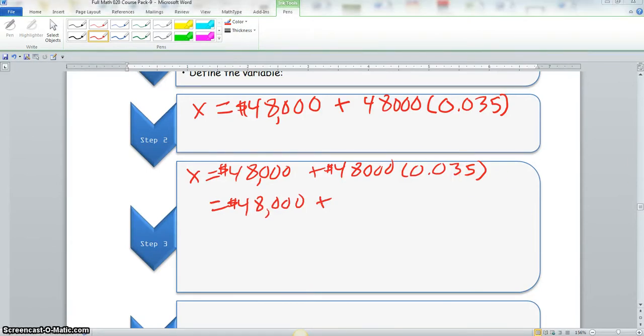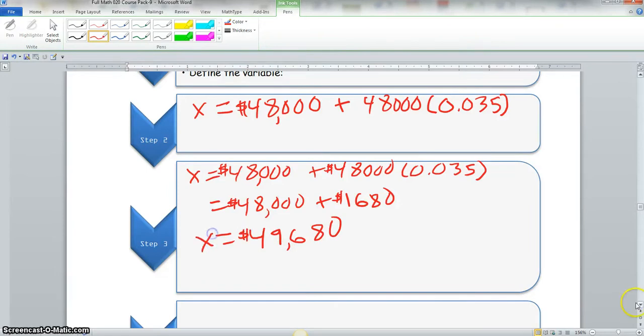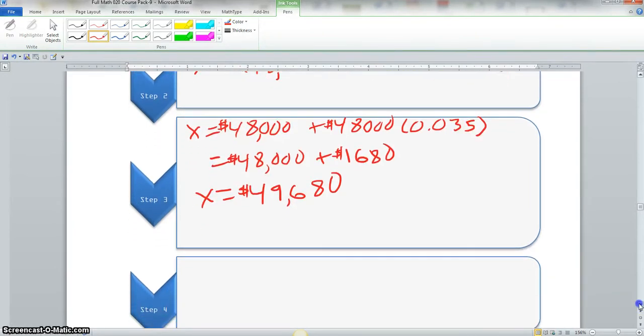You could easily type that in on your calculator, which I'm basically doing here off to the side to get the answer. So that would be $1,680. So now when we add these two values together, we'll get $49,680. So that is the new salary. So you can write that down.